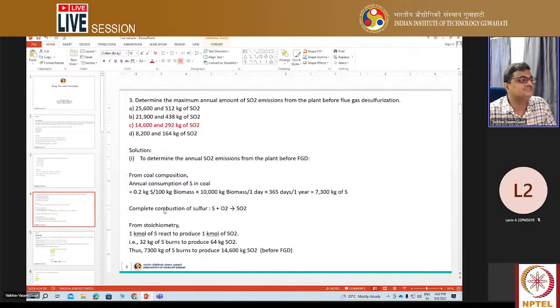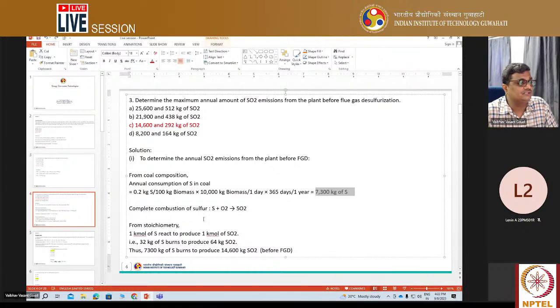And then the complete combustion of this sulfur, as you know, this is the reaction. So 1 kilomole of sulfur reacts to produce 1 kilomole of sulfur dioxide, and we know 32 kilogram of sulfur burns to produce around 64, because 32 plus 32 is 64, right? And then this is the amount of sulfur which is burned, so it produces around 14,600 kilogram of sulfur dioxide.